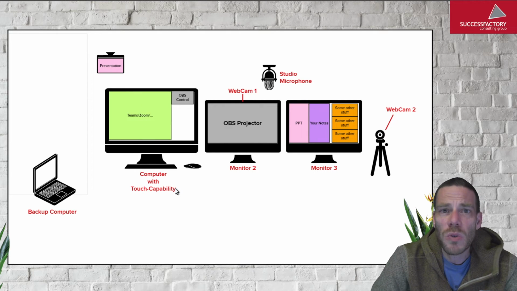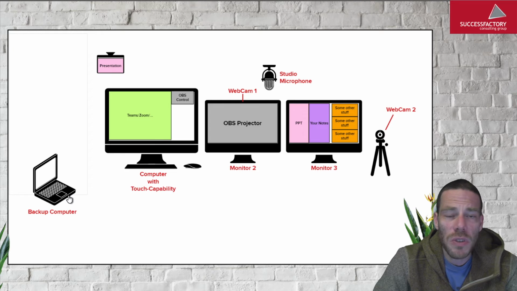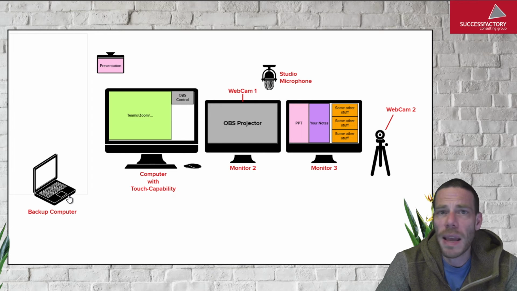So if something goes wrong, I just can take the plug from the docking station and plug it to the Surface Book, and I can keep going. This takes about 2 or 3 minutes, and the training can move on if something with the computer is wrong, maybe an unplanned update or whatever. So this is the backup scenario for the computer.